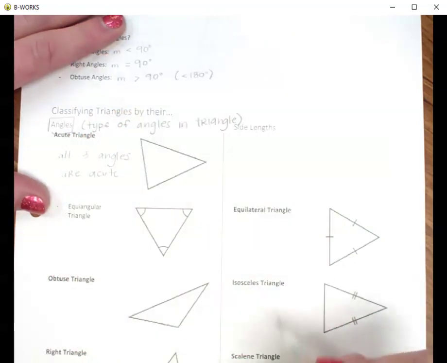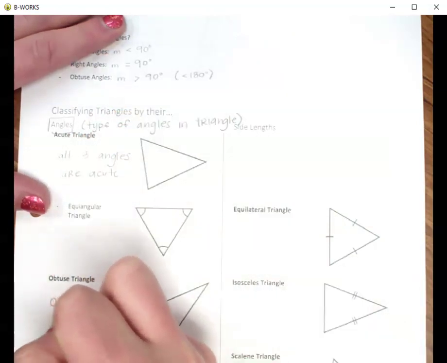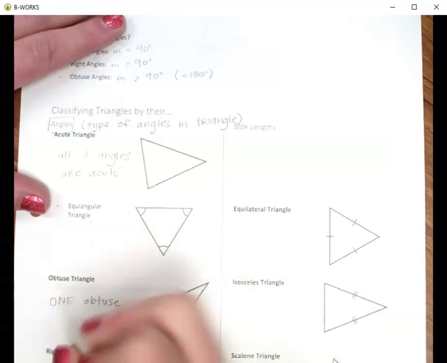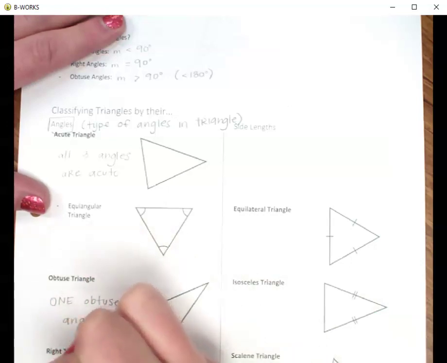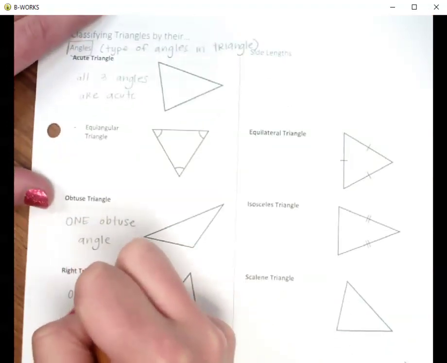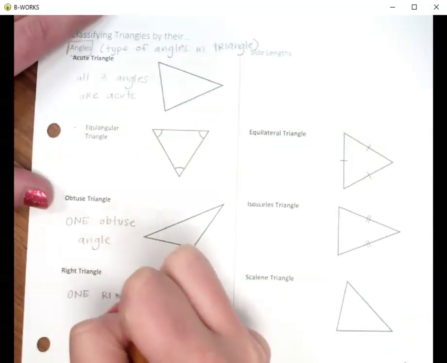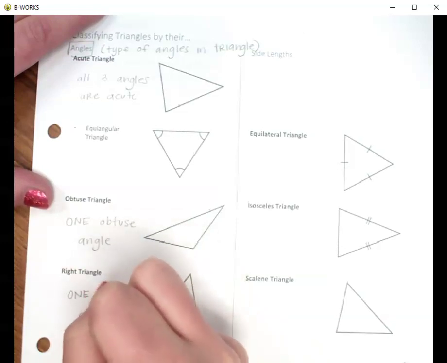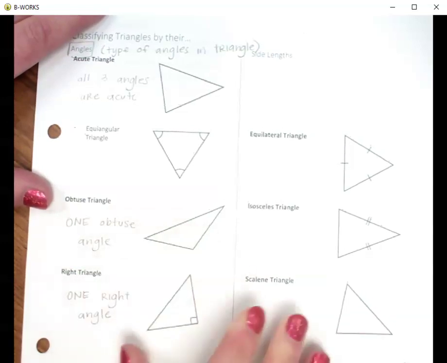If we've got one obtuse angle, that's an obtuse triangle. And if we've got one right angle, that is a right triangle.